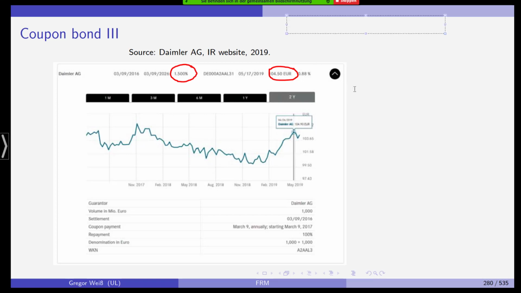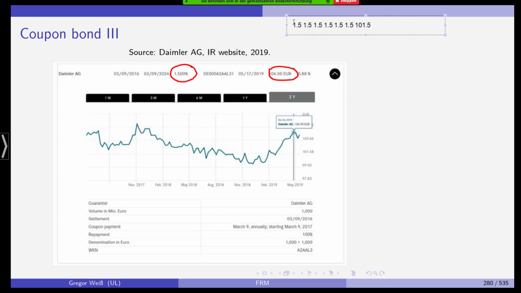Well, very simple. It was in 2019, so this is actually maturing in 2026. So if this was, let's say, in May 2019, we would have 1.5 in 2020, 21, 22, 23, 24, 25, and 26.